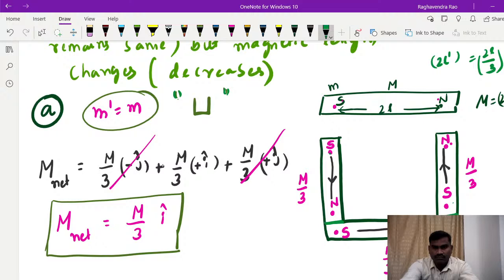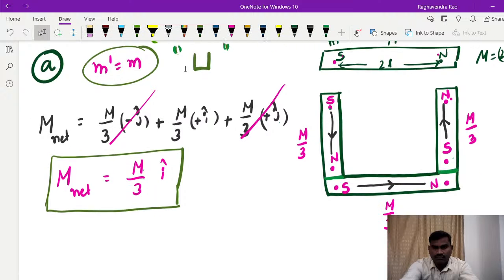This is along the positive x axis, plus i cap. This is along the positive y axis, plus j cap. So minus j cap and plus j cap get cancelled. The net magnetic moment will become M by 3 into i cap, which is directed along the positive x axis. This is point A we completed in the last class.